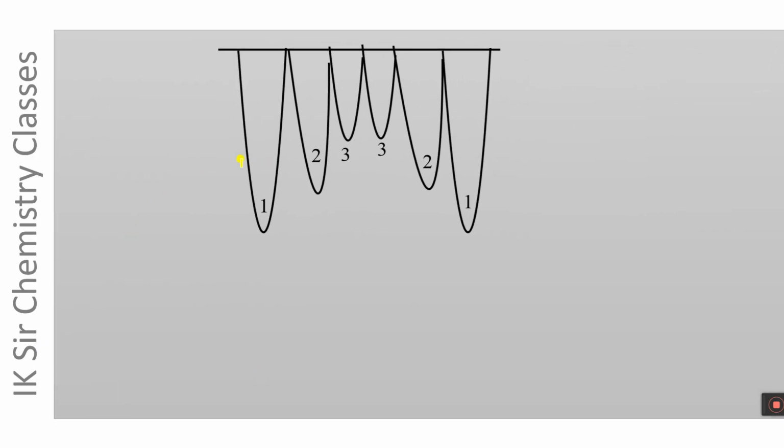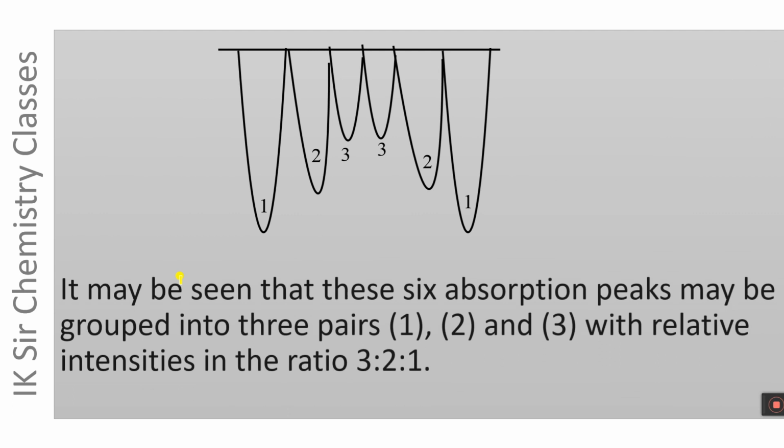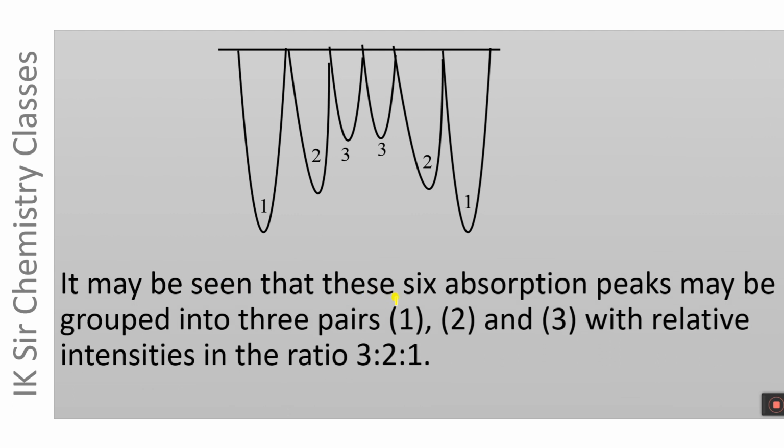These are 6 absorption peaks. It may be seen that these 6 absorption peaks may be grouped into 3 pairs: pair number 1, pair number 2 and pair number 3, with relative intensities in the ratio 3:2:1.